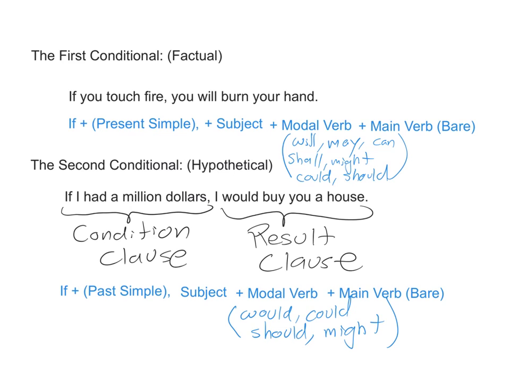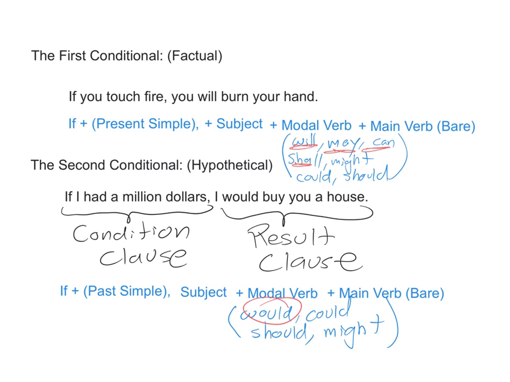In the first conditional, you can use will, may, can, shall, might, could, should, but in the second conditional, you can only use would, could, should, or might. For instance, would can only be used in the second conditional, and will, may, can, shall cannot be used in the second conditional.